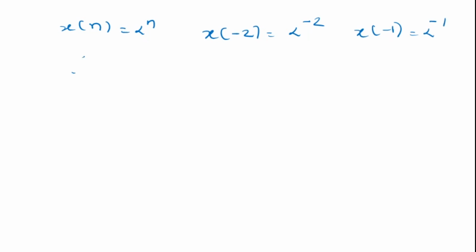And it is given x of n is equal to alpha to the power n, and then we can write x of minus 2 is equal to alpha to the power minus 2 and x of minus 1 is equal to alpha to the power minus 1.